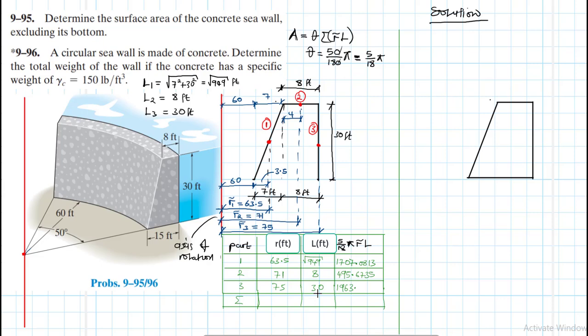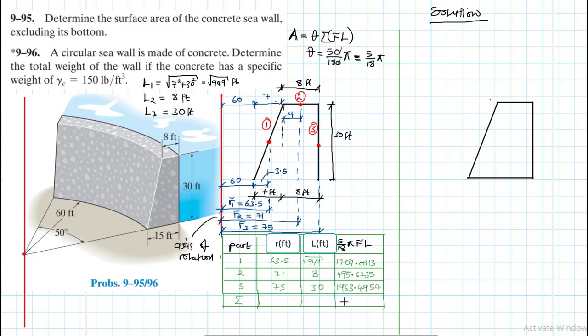Let me calculate again this one. 71 by 8 by 5 pi over 18 gives 495.6735. Great. And then 75 by 30 by 5 over 18 by pi gives 1963.4954. Okay.